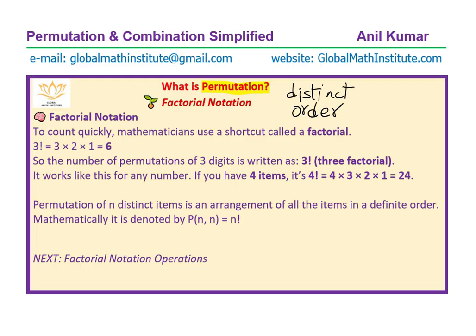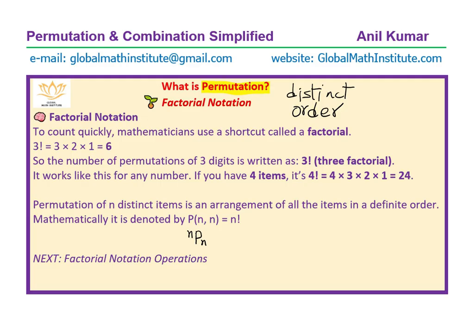Permutation of n distinct items is an arrangement of all the items in a defined order. Mathematically, it is denoted by P(n,n), written as n factorial, or even nPr, nPn, for all the n items, right? So these are two notations.